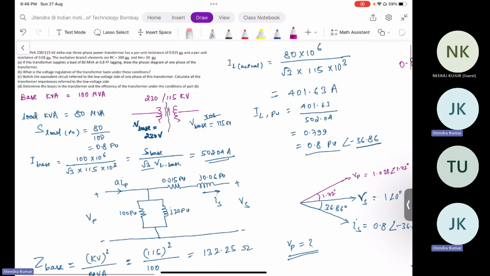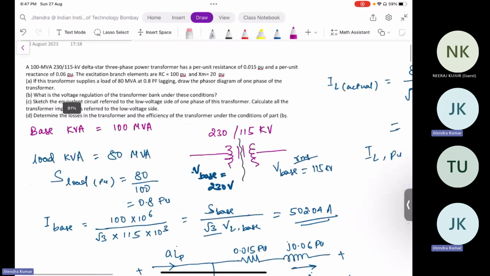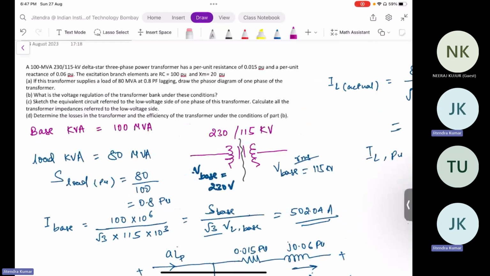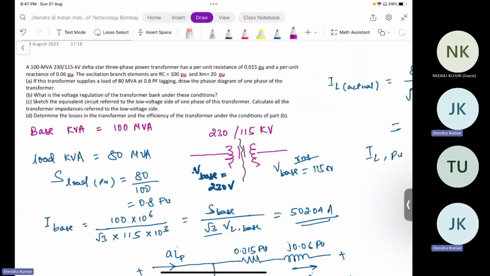So in the next part: sketch the equivalent circuit referred to the low voltage side of one phase of this transformer. Calculate all the transformer impedances referred to the low voltage side. So the low voltage side is the star connection, right? Yes, sir.